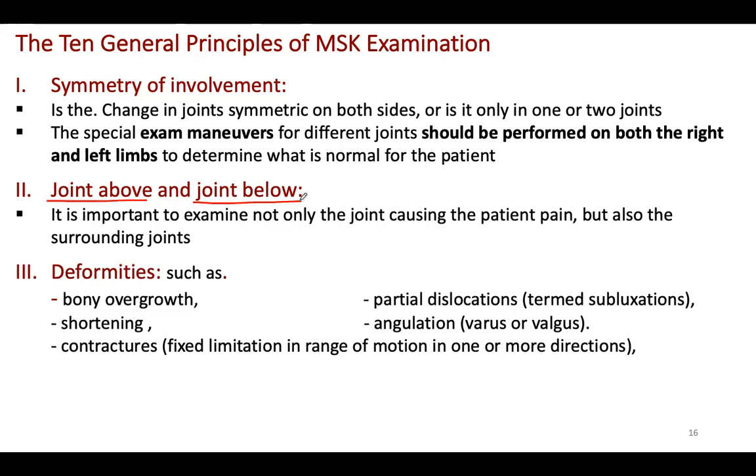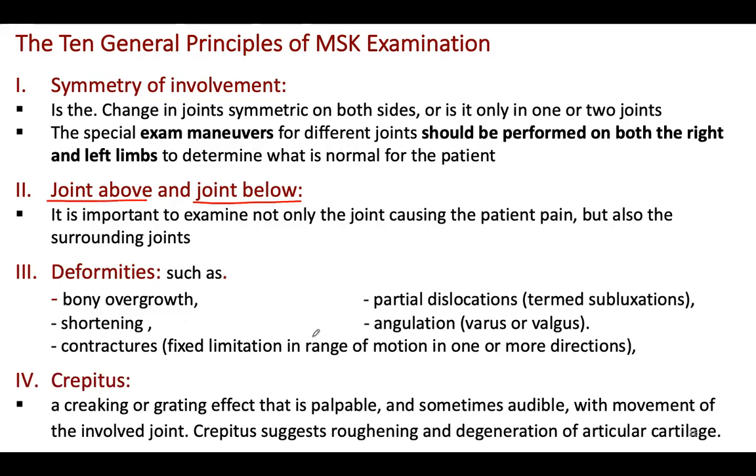The third general principle is always look for deformities, any bony overgrowth, partial dislocations, shortening, angulations, contractures, and try to feel for crepitus. Crepitus is this creaking or grating effect that is palpable and sometimes audible. And this crepitus is best felt in old patients with osteoarthritis of the knee.